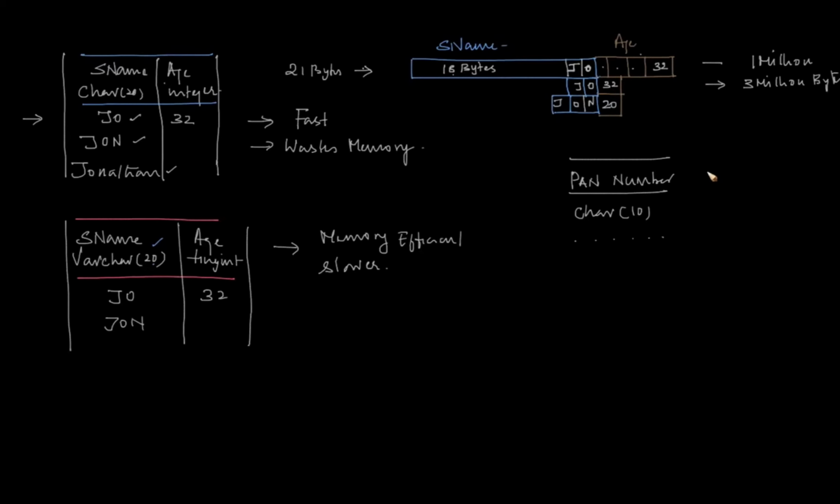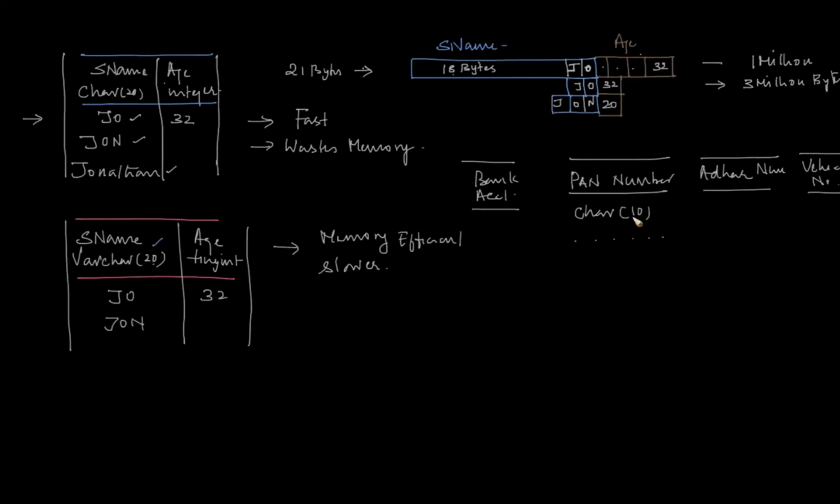So things like PAN number, Aadhaar number, vehicle number, or your bank account, where let's say everybody in the bank has a 15-digit account number. In cases like that, where you know that every record will definitely use this much space, you can go for char.